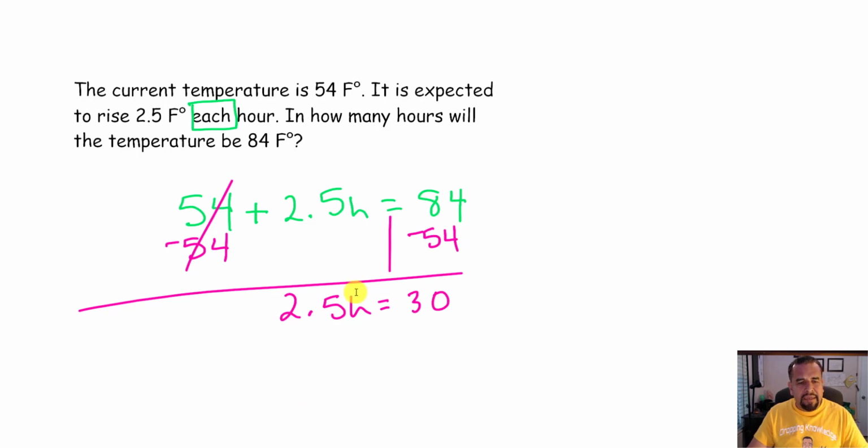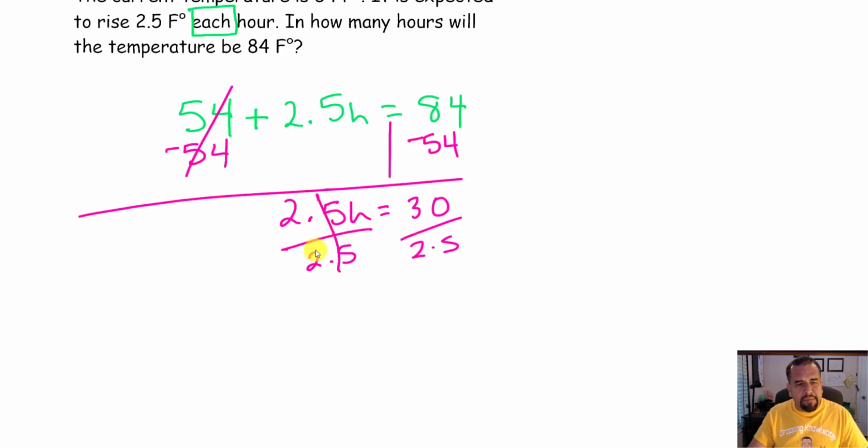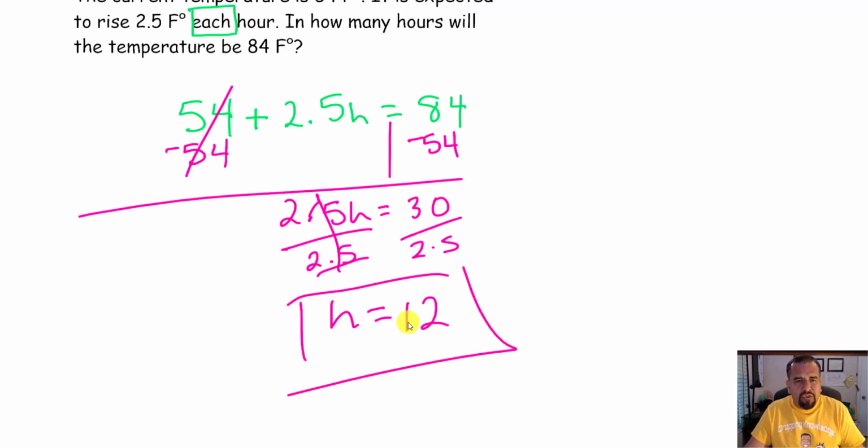And then this is going to be divided by 2.5 on both sides. This side becomes a 1h. And 30 divided by 2.5 is 12. At this point, I don't have to guess. 12 is my answer. Well, what does that mean? That means 12 hours, because I used h. I can remember, oh yeah, that stands for hours.